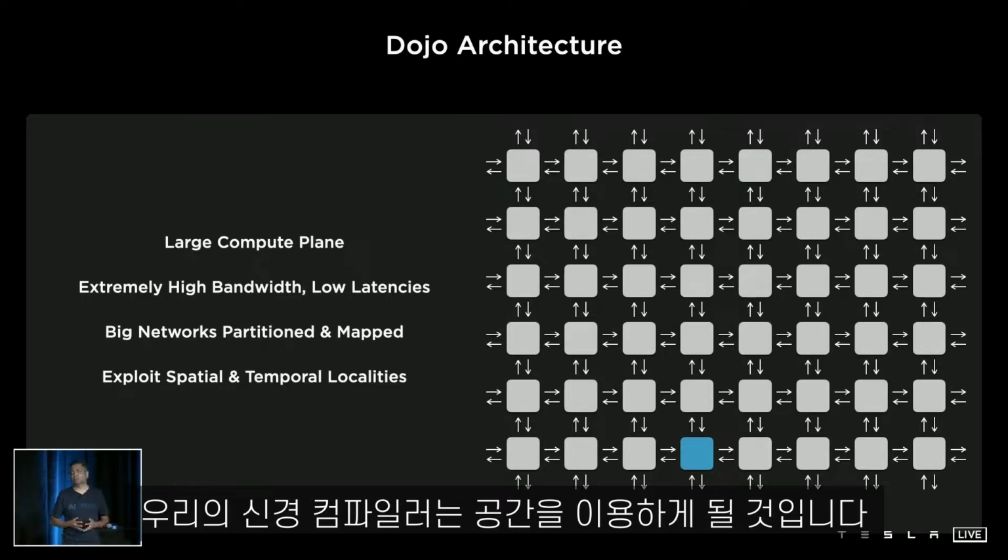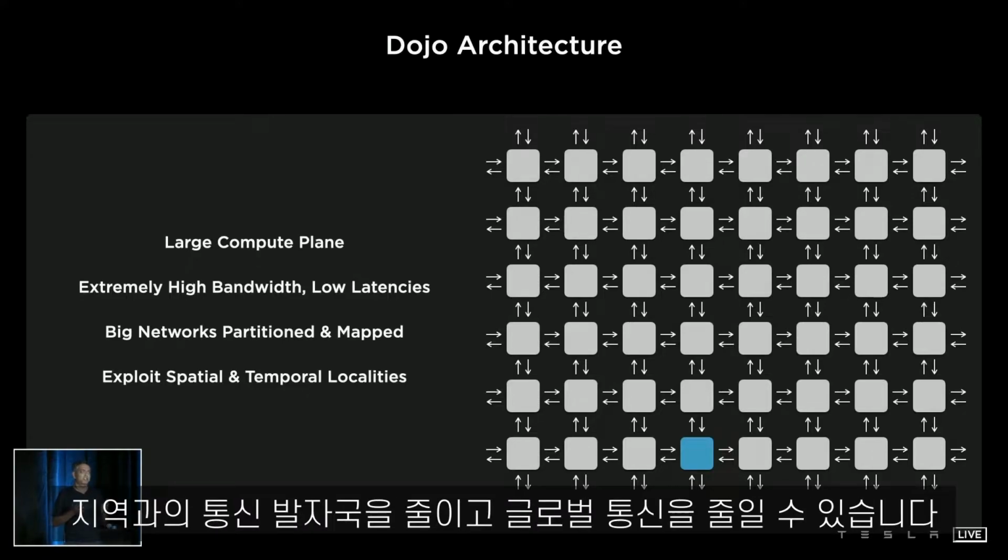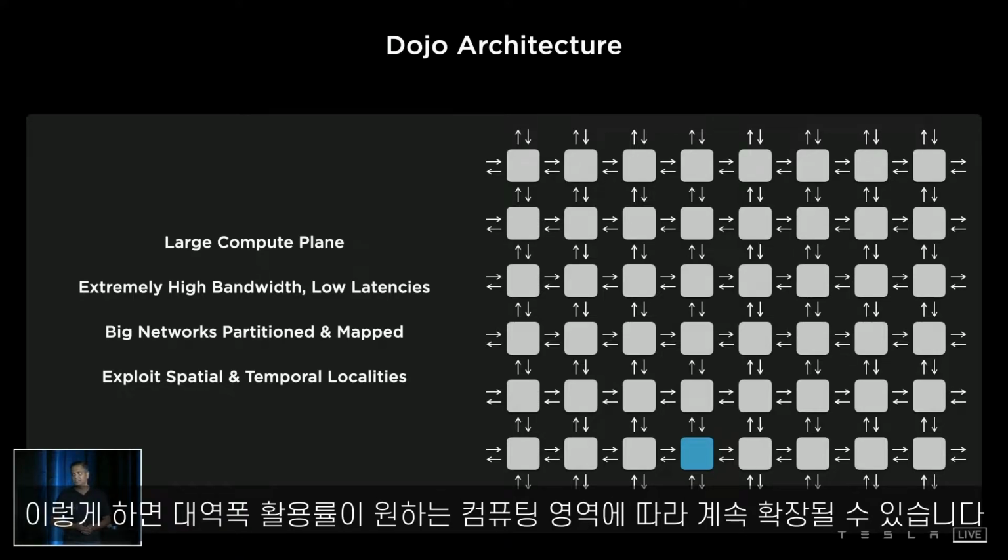And then a neural compiler of ours will exploit spatial and temporal locality such that it can reduce communication footprint to local zones and reduce global communication. And if we do that, our bandwidth utilization can keep scaling with the plane of compute that we desire out here.